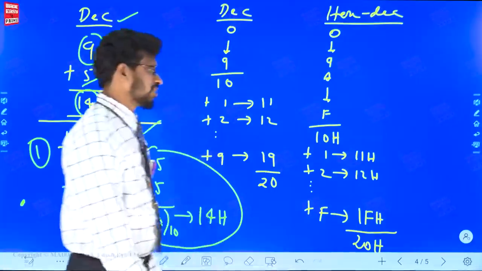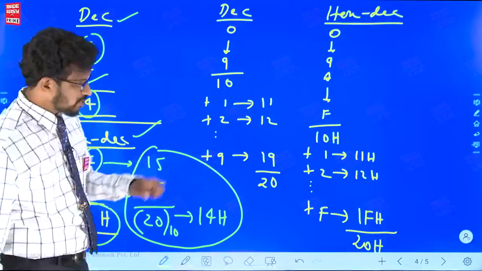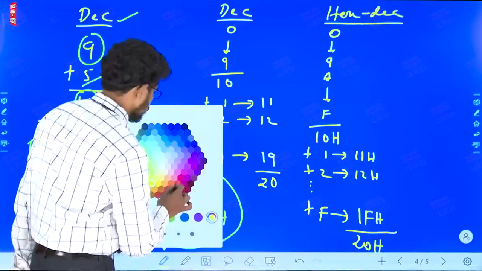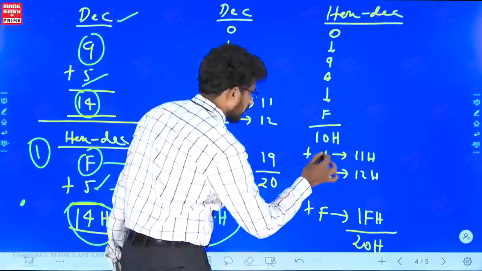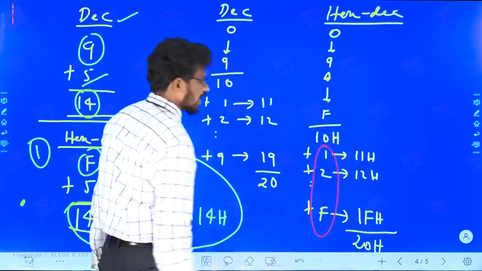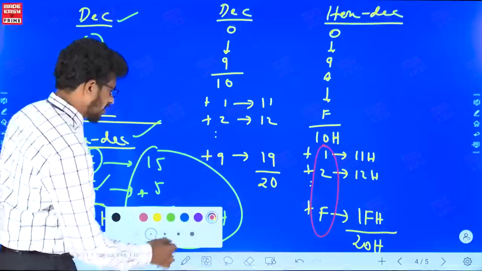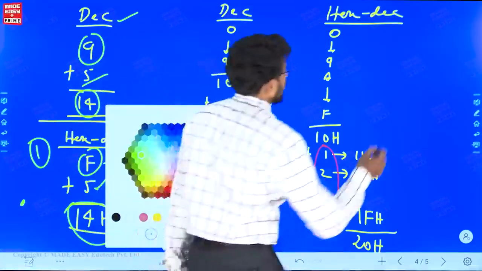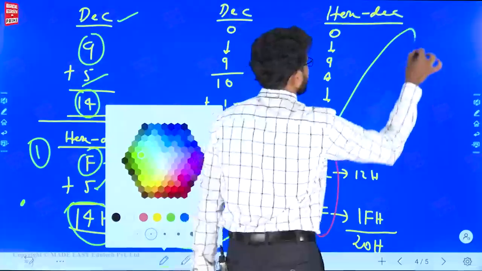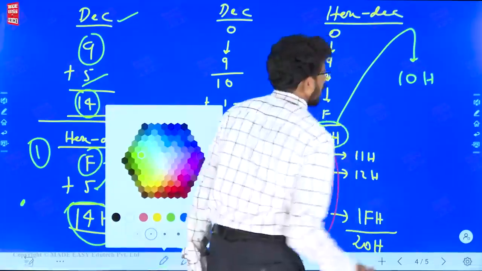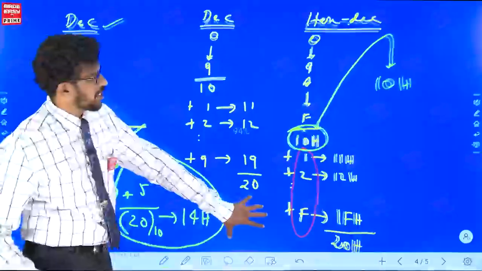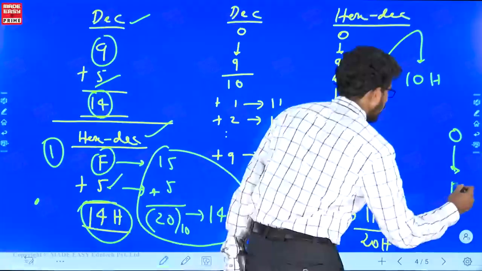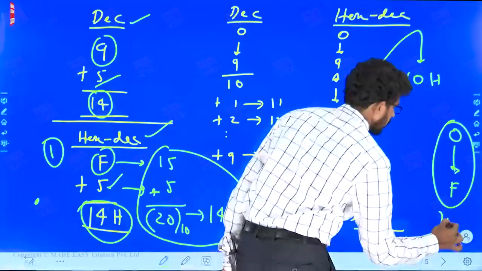So what is the next quantity? 20H. Now observe carefully. I am considering all these values as some x. I am taking 10H as it is, and I am assuming 0 to F as x.